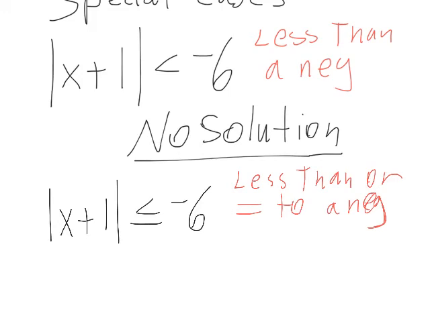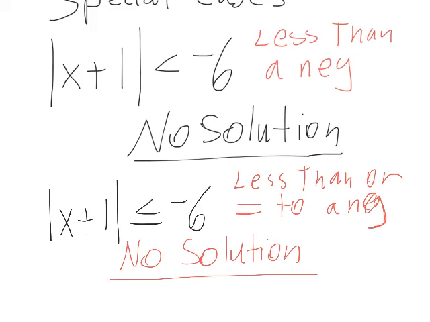Less than or equal to a negative. In that instance, think about it again. We know it can't be equal to it, and we just saw that it can't be less than. So this is also no solution. So basically, if there is a less than involved, whether it's equal to or not, a negative, you have no solution. So we can write that off. That's one of our special cases, so you want to watch out for that.